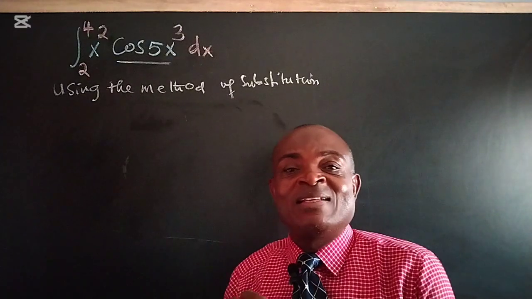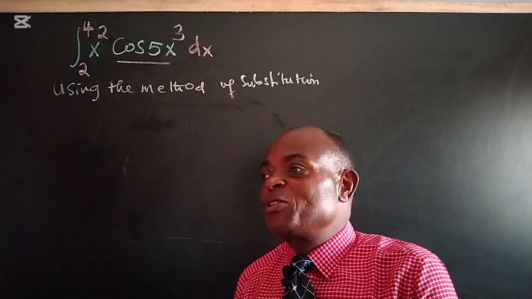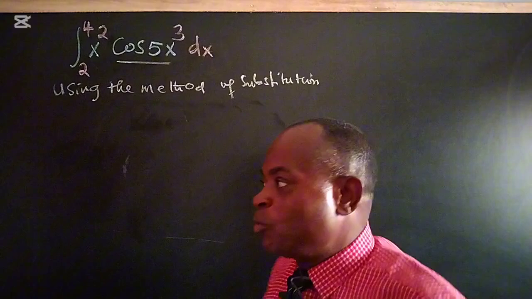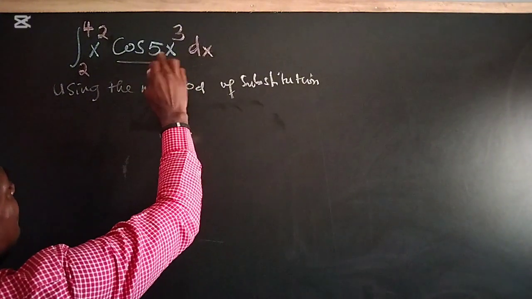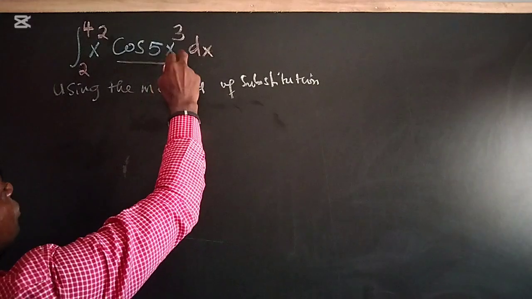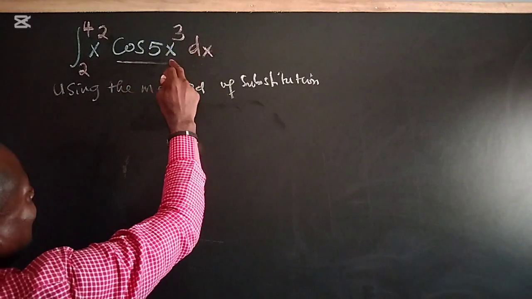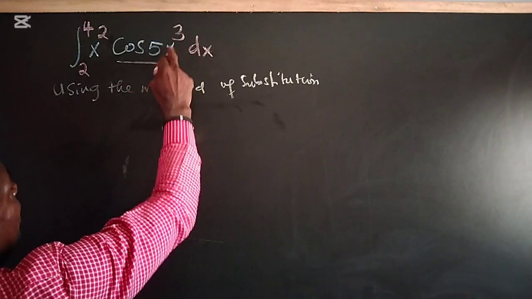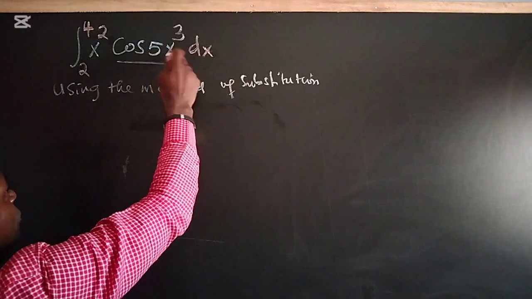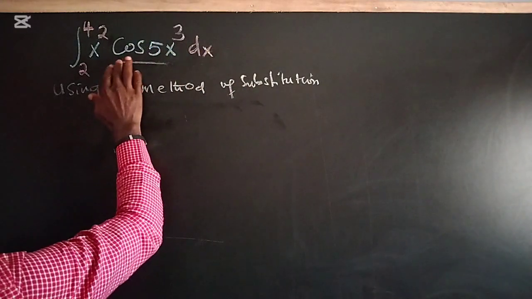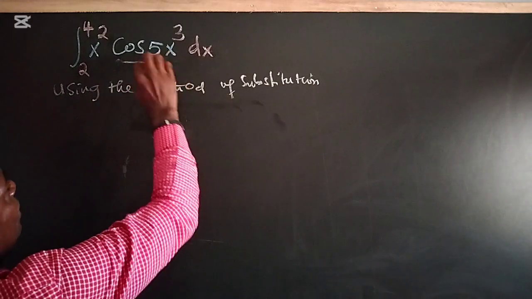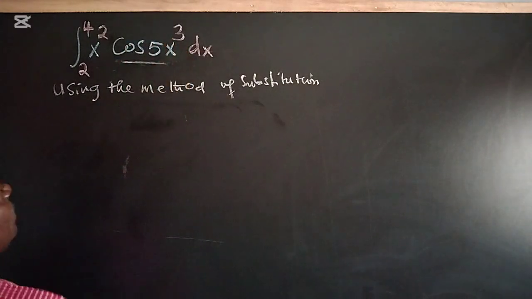You will be handling differentiation and integration simultaneously, right? So this is where the issue lies. This 5x cubed is like a function of function. Cos the angle is a function, and then we have 5x cubed as another function in the angular function. So how to substitute is exclusively a skill that you must learn.